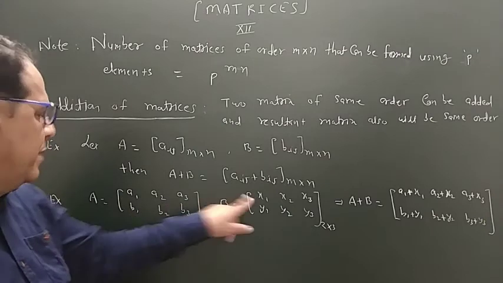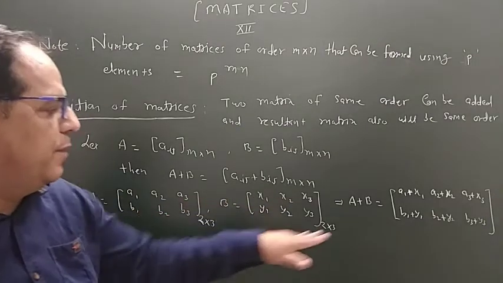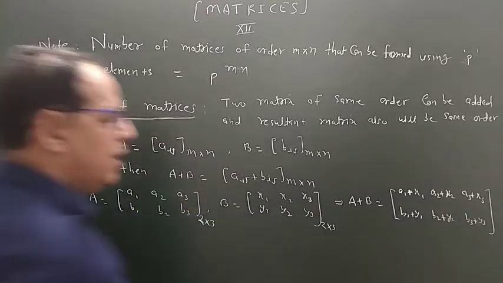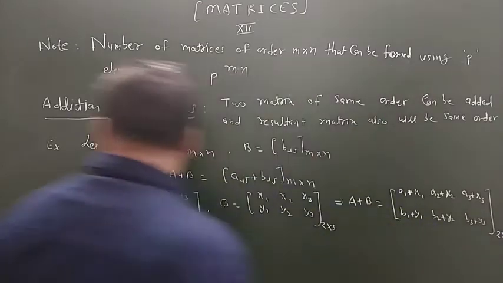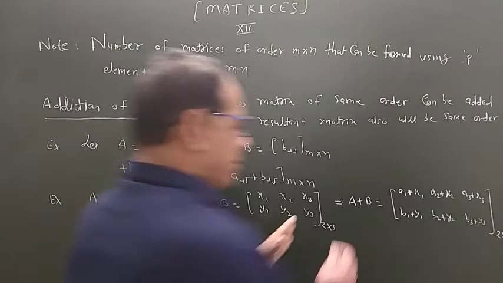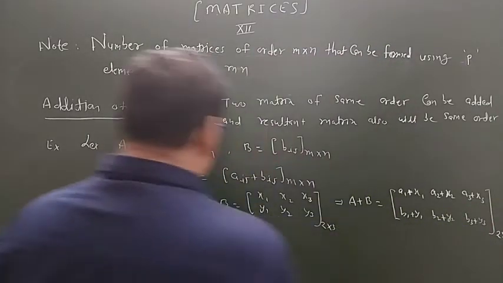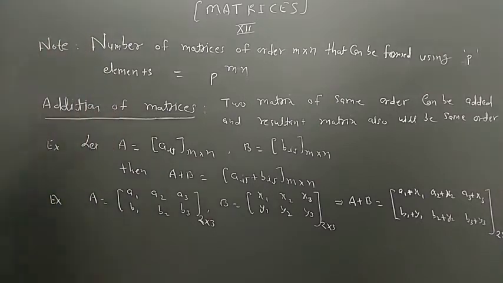And this matrix also will be of order 2 by 3. So when two matrices of the same order are given, they can be added, and the resultant matrix also will be of the same order.